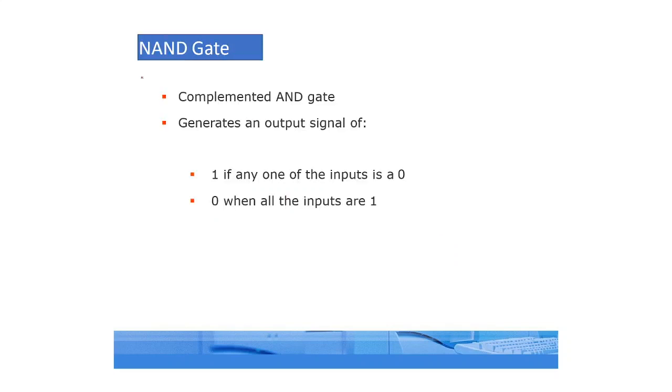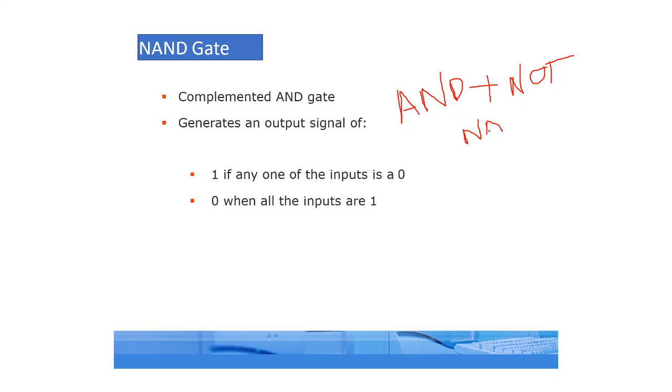Next is NAND gate. NAND gate is complemented AND gate. This means that if we have an AND gate combined with a NOT gate, then it becomes a NAND gate.